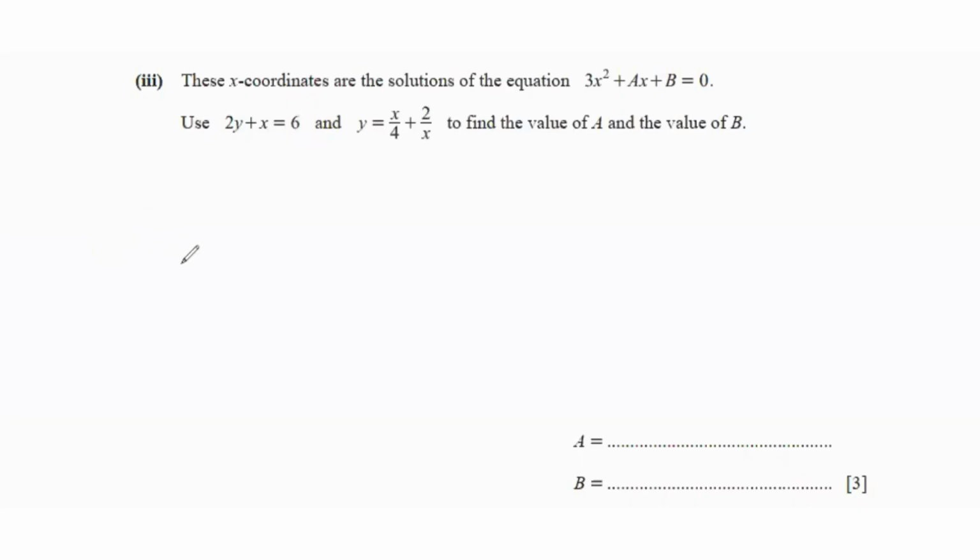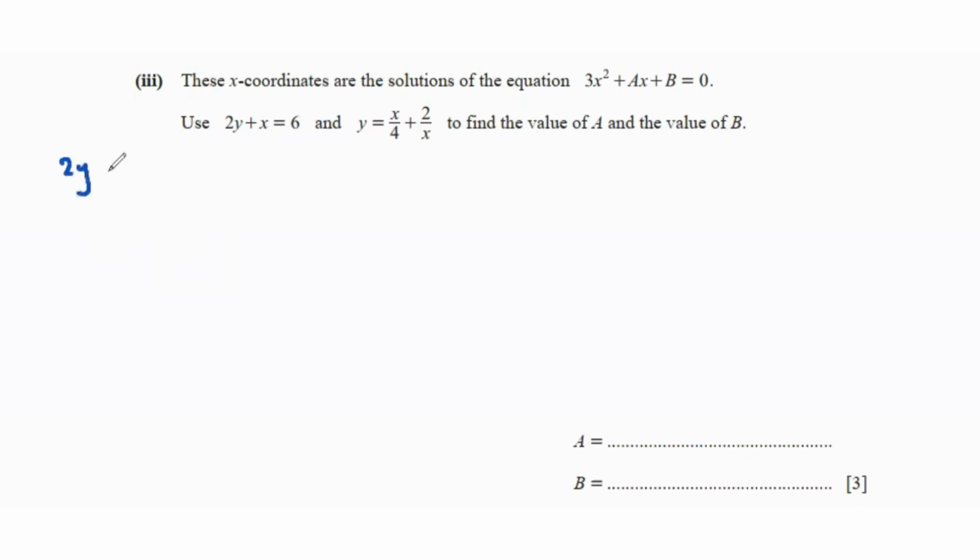So in the third part, it says that these x coordinates are the solutions of the equation 3x squared plus ax plus b equals 0. Use 2y plus x equals 6 and y equals x over 4 plus 2 over x to find the value of a and the value of b. So we're going to equate the variables. First I'm going to make y the subject in the first equation.